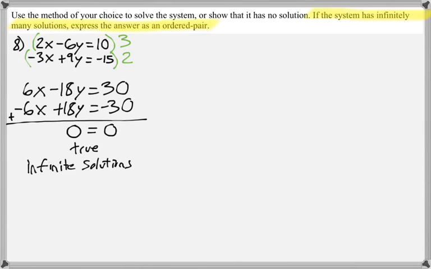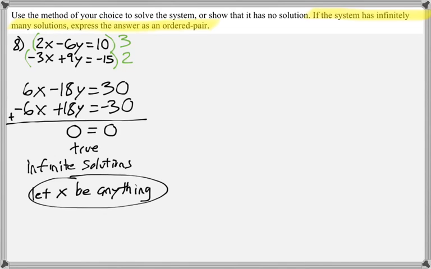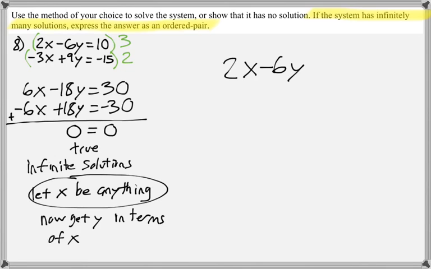So what I'm going to do is I'm going to let x be anything. So x can be anything. Now I want to get y in terms of x. So I'm going to start with this equation, and I'm going to get y in terms of x.